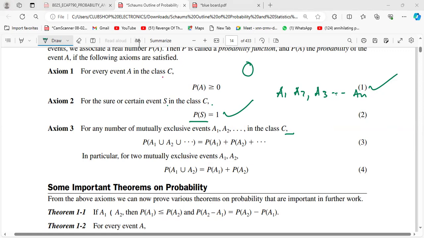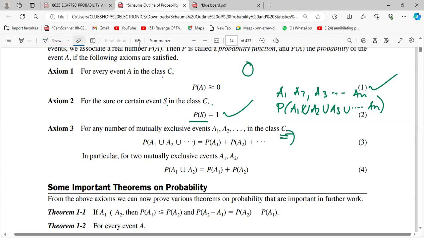All right, so if we have got these events that are mutually exclusive, remember we said mutually exclusive events are events that cannot occur at the same time. So the probability of A1 union A2, union A3, union, so on and so forth, maybe up to AN. So what is it?